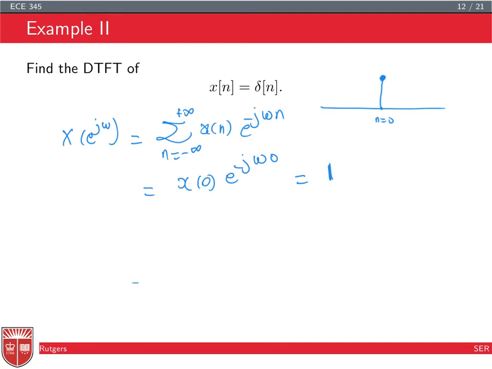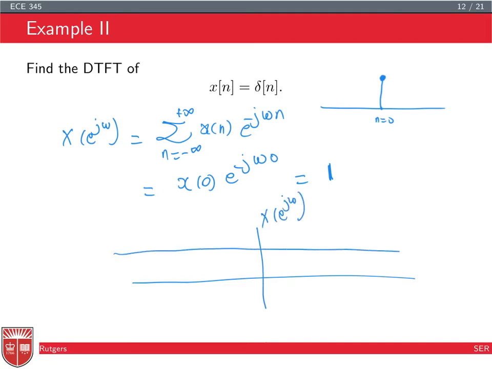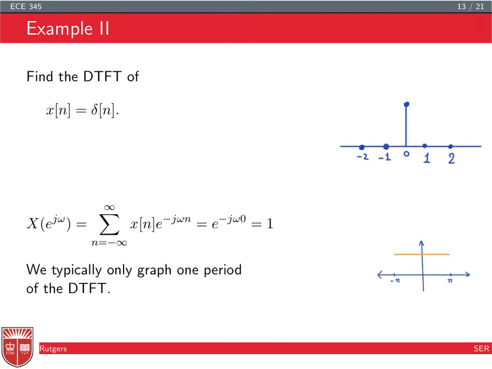And this tells you that X of e to the j omega is just the constant 1. So you can see it's trivially periodic because it's the same everywhere. The result to keep in mind is that the DTFT of the impulse function delta of n is X of e to the j omega equal to 1.